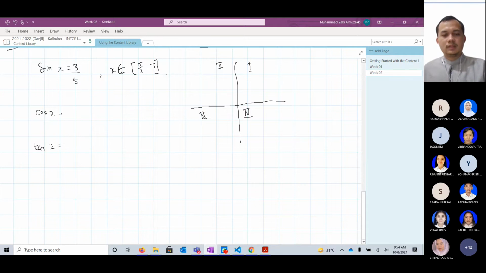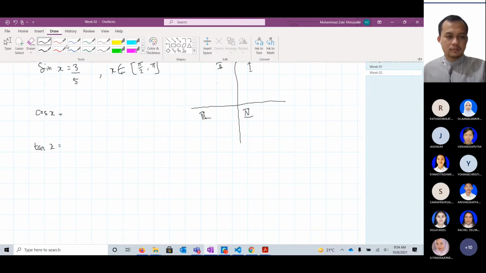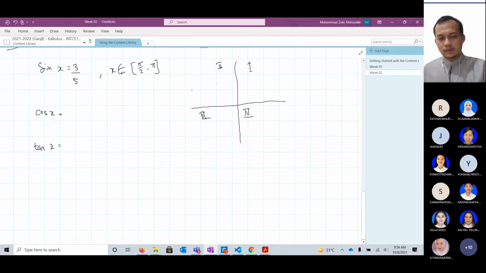Now we simply need to make a picture, a triangle. Since it is in the second quadrant, we will have a triangle that looks like this. Because this is the angle theta, and here sine of x is 3/5. So where should I put 3?